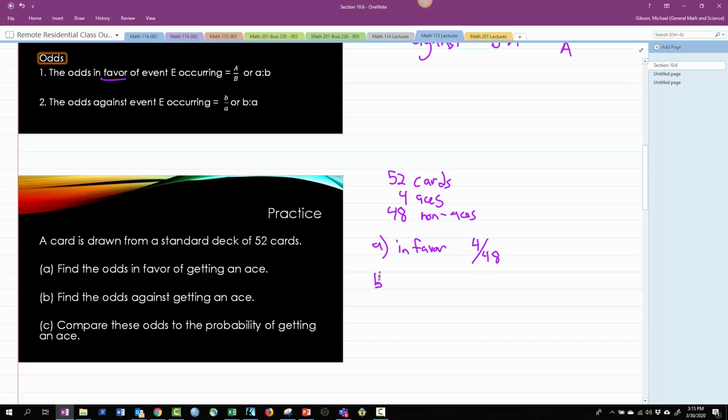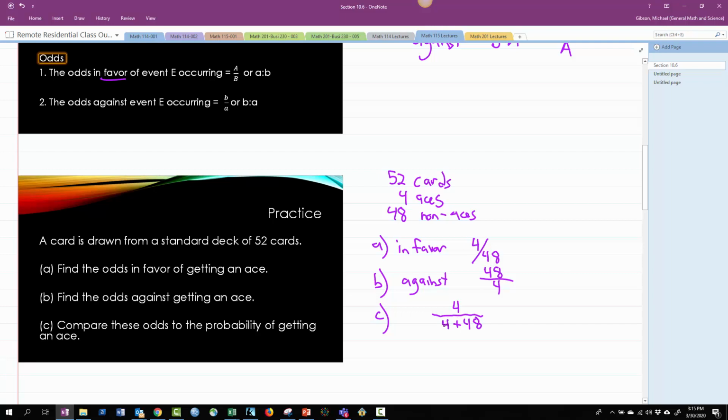All right. B is against. So we put the 48 on top because that's the number of ways to not get an ace, and then the 4 on the bottom, which is the number of ways to get one. And then if we wanted to quote it as a probability, the number of ways to get an ace, there's 4 aces, right?